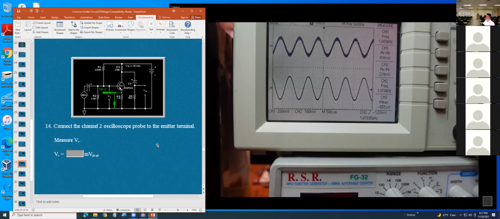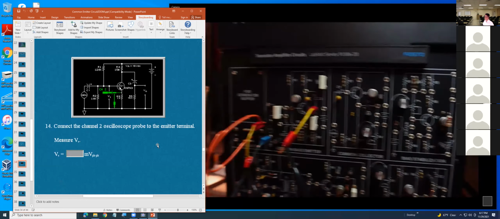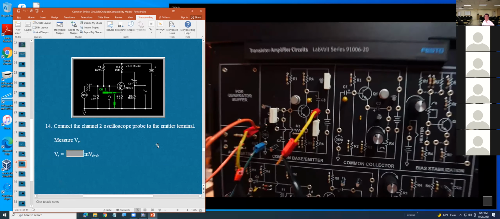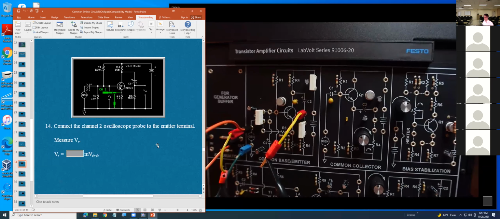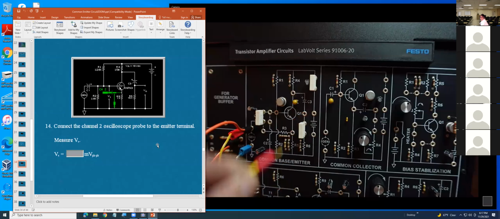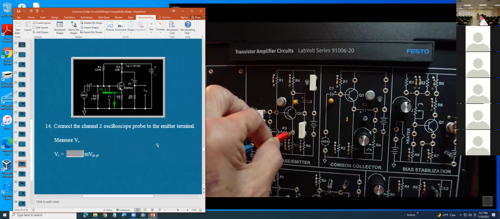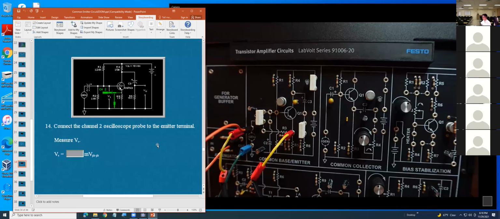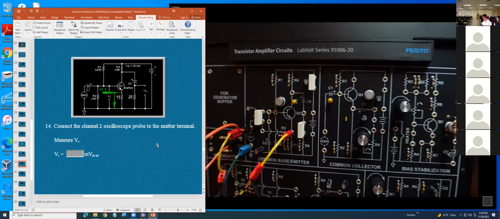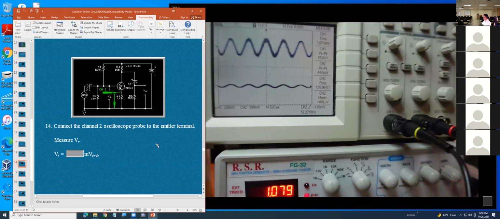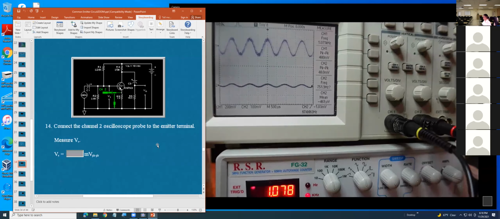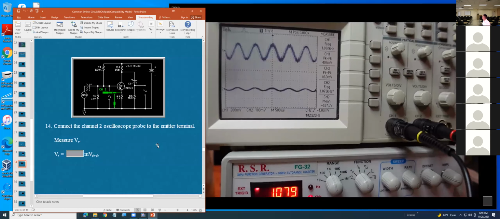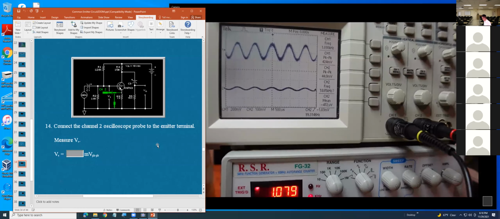Okay. So now I connect channel 2 here to the emitter. Okay, so now you can see, that two signals, they will be in phase.